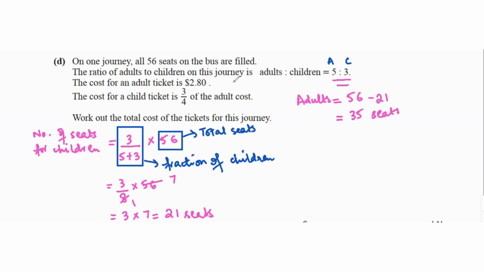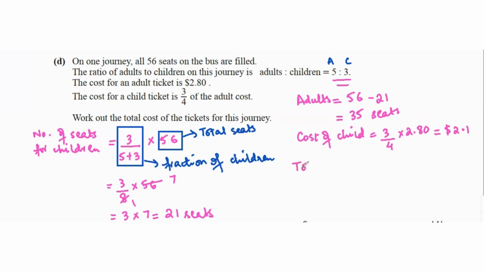Now for the total cost. Cost of an adult is 2.80 and cost of a child is 3/4 of the adult cost. So cost of child is going to be 3/4 of 2.80, which is going to give us $2.1.